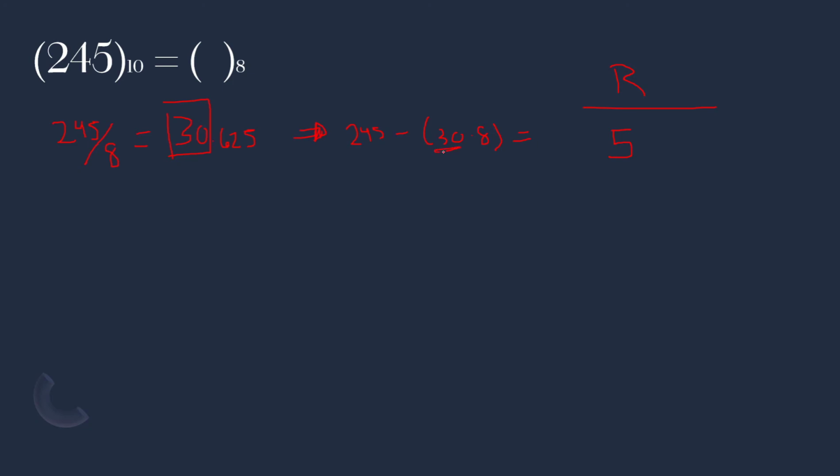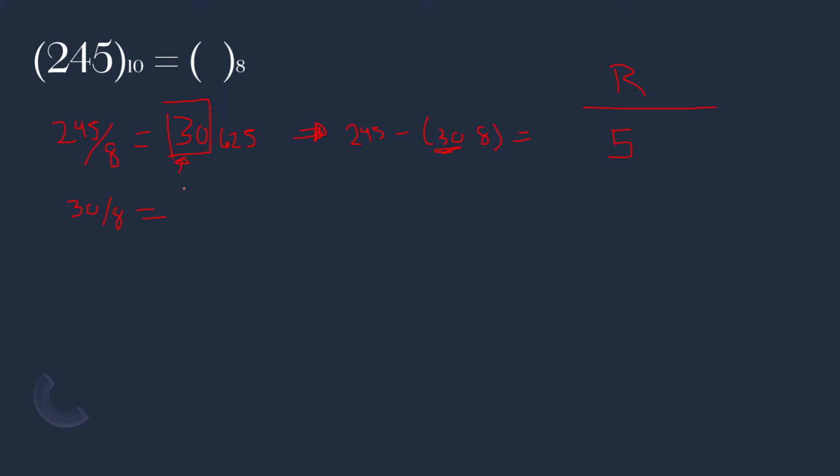Now we want to take the whole value that we had, 30, divided by 8. It goes into it 3 times, because 8 times 3 is 24, leaving a remainder of 6.